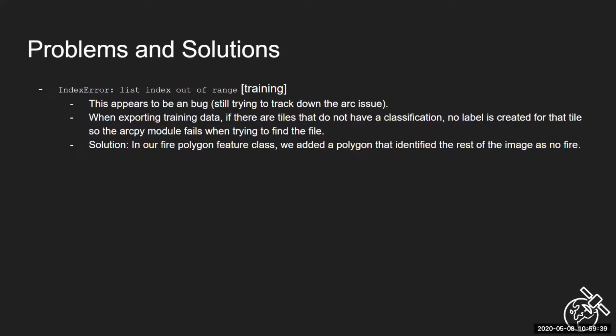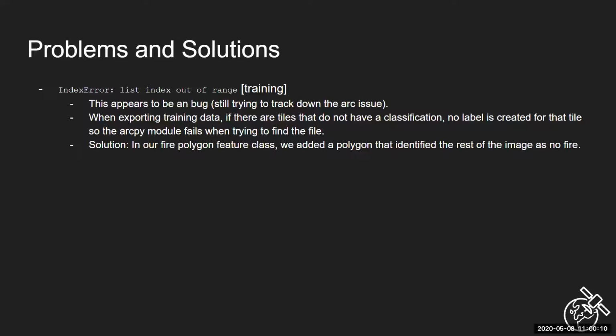So it chips all your images, so you have these blocks, and then you have another directory of labels, and it looks for the image and the corresponding label. But if your training data doesn't have a label for every single chip, so like in our case, we were just classifying fire and nothing else, it would classify some chips as no fire, or there wouldn't be any fire, so it wouldn't classify as anything, so it wouldn't output a file, and that would cause it to fail.